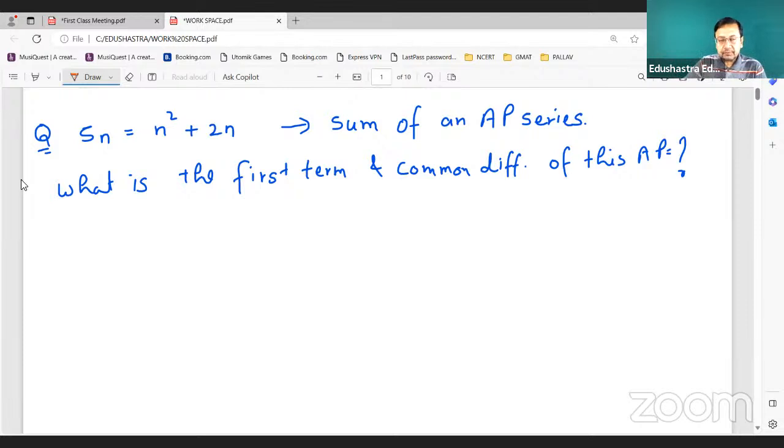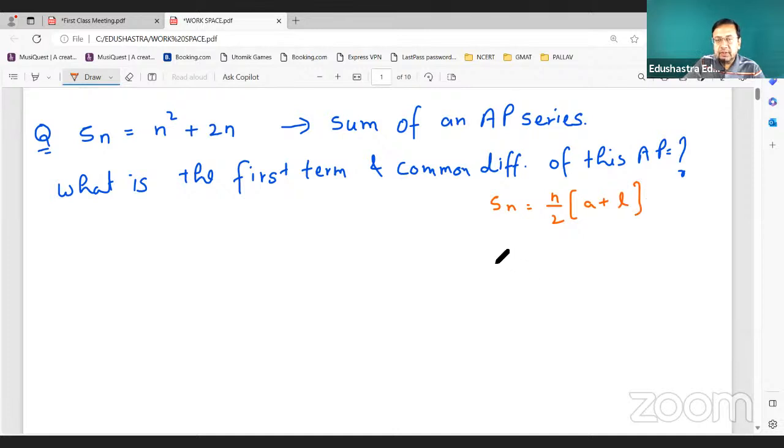Okay, so just start solving, right? When we solve this, I can equate this with an expression, right? And what is that expression? That is the sum of n terms of an AP series, right? This is given by n by 2, a plus l, right?